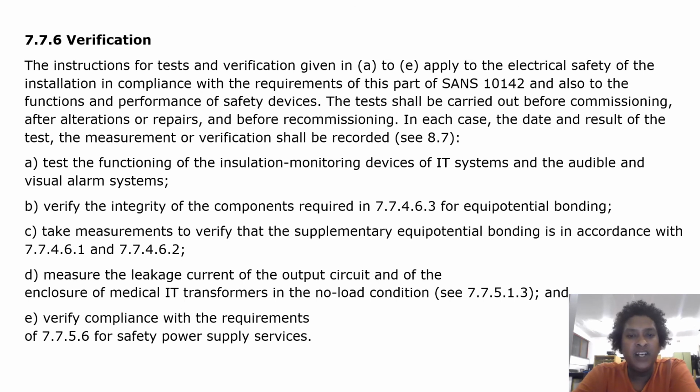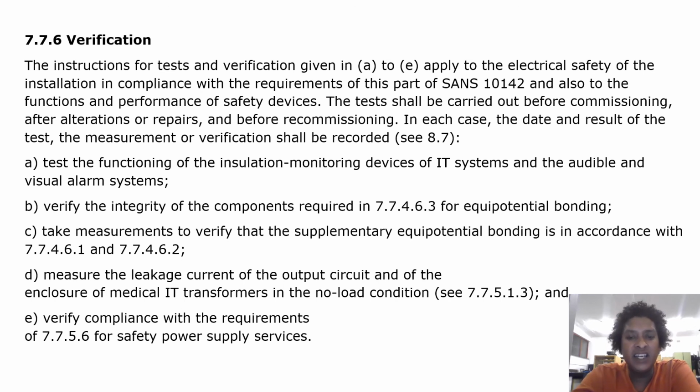A. Test the functioning of the installation monitoring devices of IT systems and the audible and visual alarm systems. B. Verify the integrity of the components required in 7.7.4.6.3 for equipotential bonding. Take measurements to verify that the supplementary equipotential bonding is in accordance with 7.7.4.6.1 and 7.7.4.6.2.